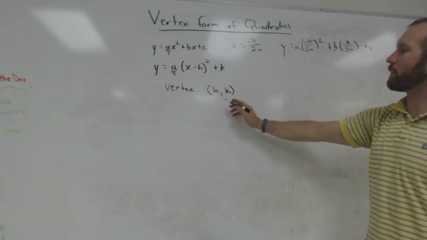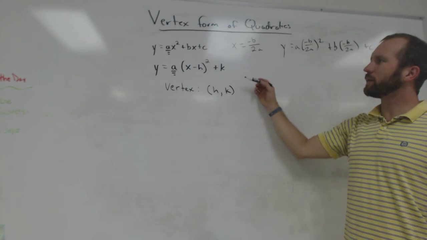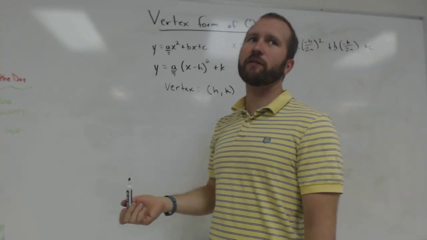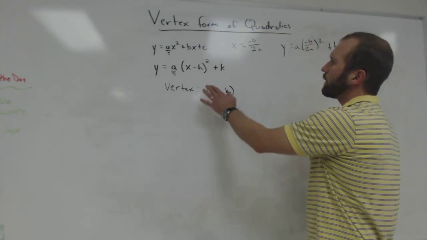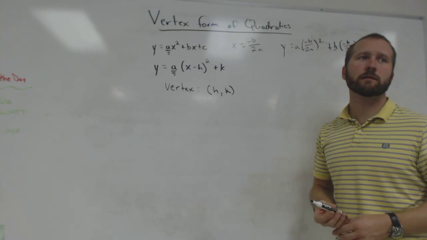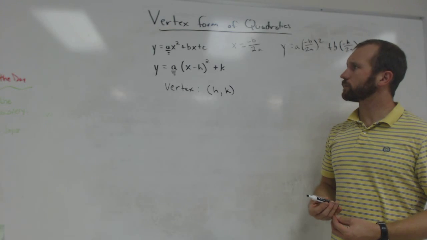This is way more complicated than this. And so you can imagine this form is really useful, kind of like slope-intercept form is really useful for graphing lines. It's really going to make our graphing process a lot simpler.